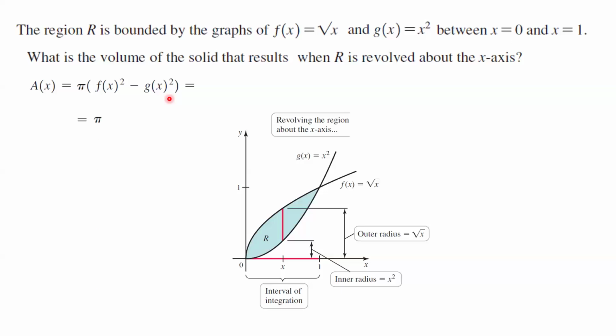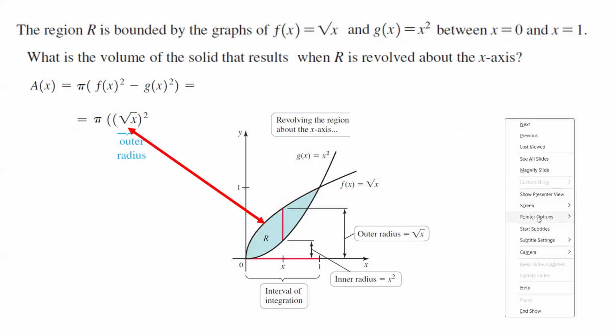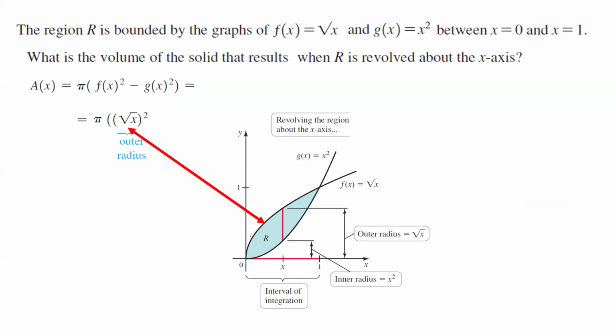This can be written as pi times square root of x to the second, which is your outer radius, this portion on top here, minus the inner radius to the second, which is x squared to the second power.